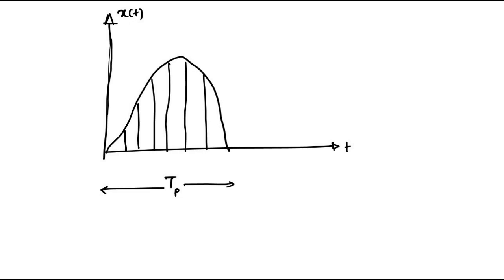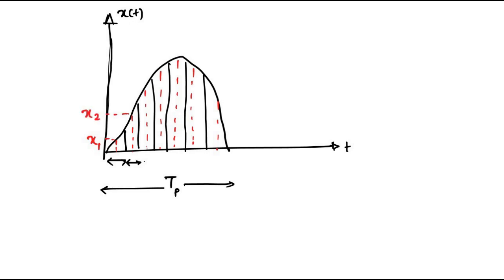This gap, this width, is the same for all. Then we take the middle portion of each part. The higher the value of n, the more accurate the result. This middle portion of each part, we calculate the value of that.